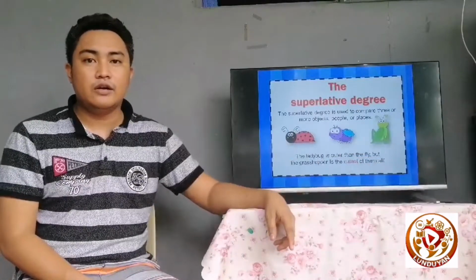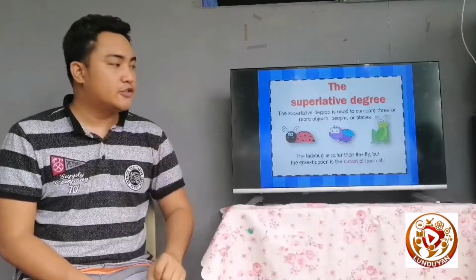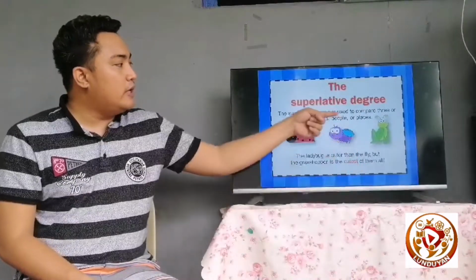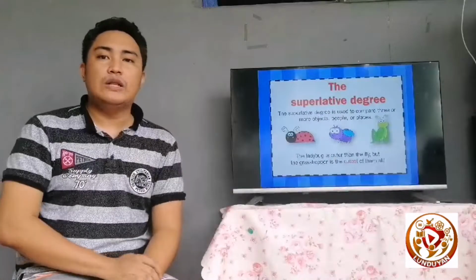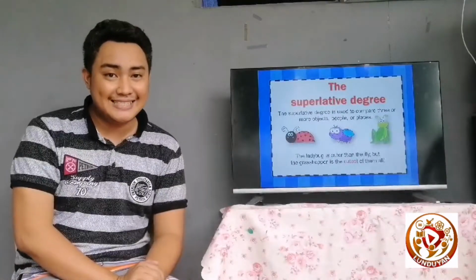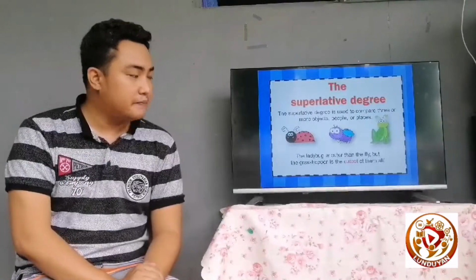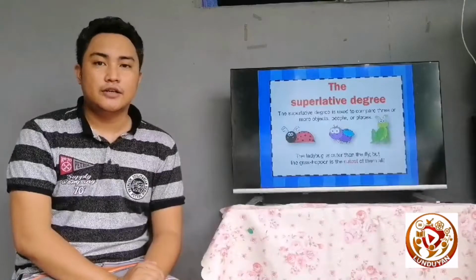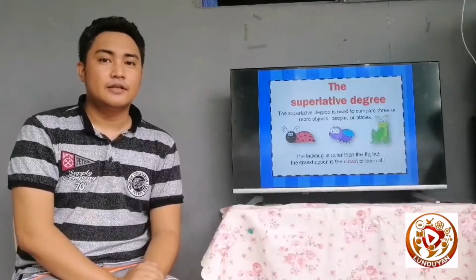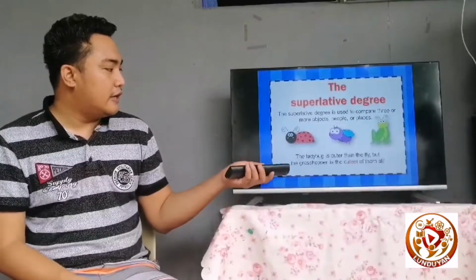That means that we are already comparing three objects or insects together. So, we use the EST. When we have the superlative degree, we will not use the ER, but instead we add EST after the base form of the adjective. So, for example, cute, cutest. Pretty, prettiest. Do you understand? All right, great job. Now let's continue.